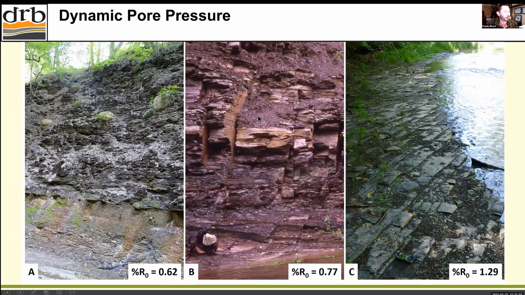This is outside of Buffalo, New York, and now we're at a 0.77 Ro, so we're starting to get up into the oil window, and we're seeing fractures being generated here. And then we move even further east into the Syracuse meridian. We're at a vitrinite reflectance of 1.3, and it's just heavily fractured black shale here in this instance. So that's saying the increasing thermal maturities, increasing the hydrocarbon generation, leading to more fracturing in the rock.